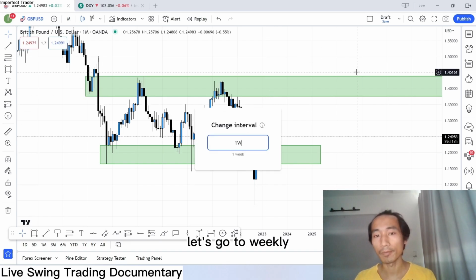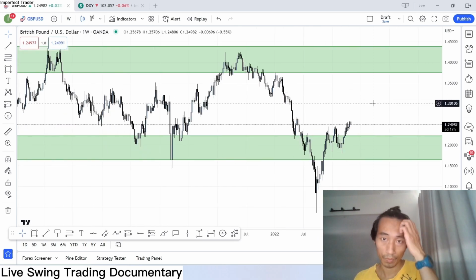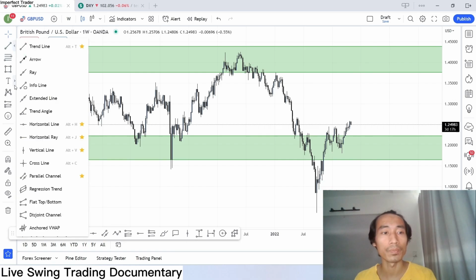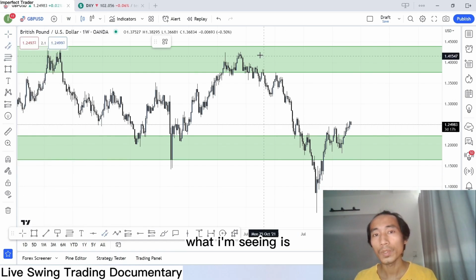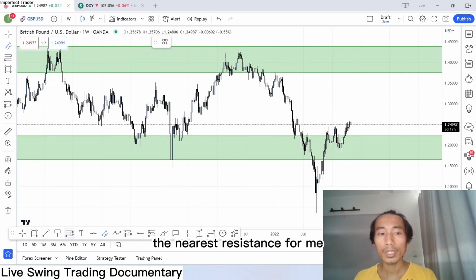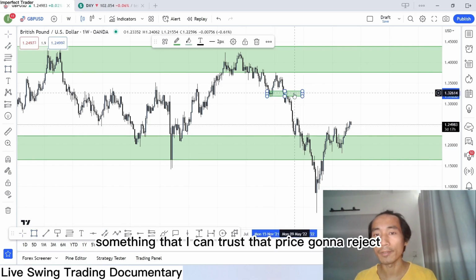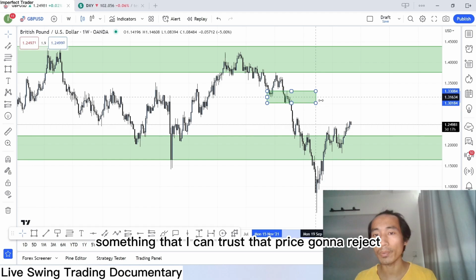Now let's go to the weekly. On the weekly perspective, the nearest resistance is something I can trust that price is going to reject.